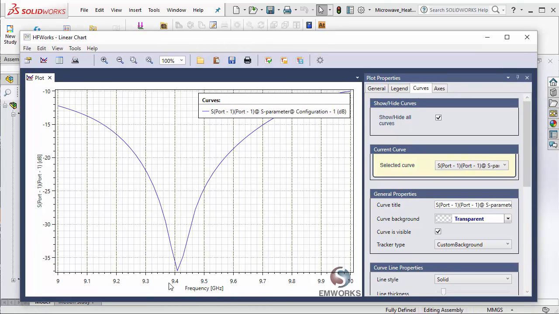As you notice here, this graph gives you the maximum decibel in the negative, where this is really the operating condition. This is where your waveguide device is the most efficient. It's about 9.4 gigahertz, and you can even get a sense of the bandwidth.